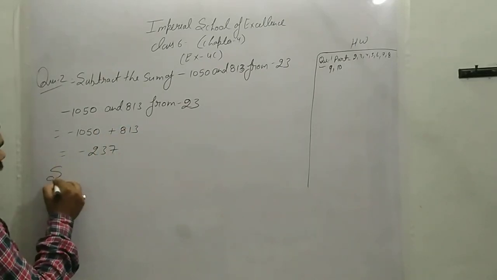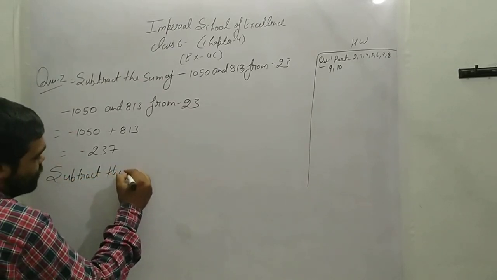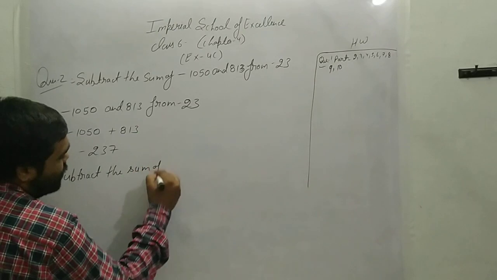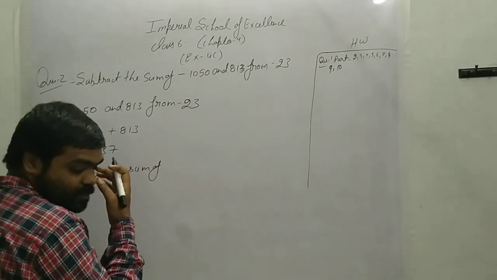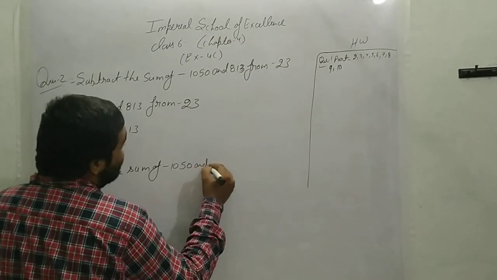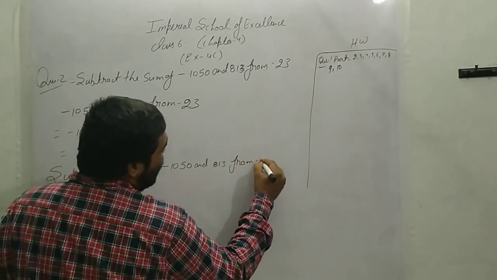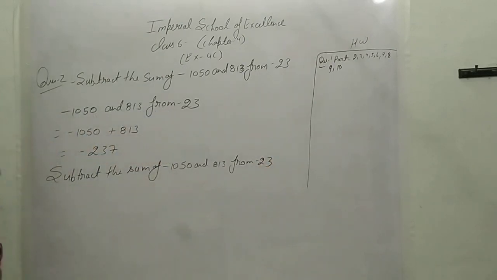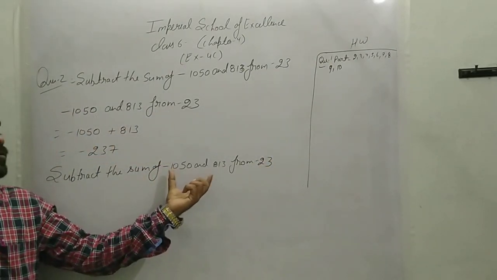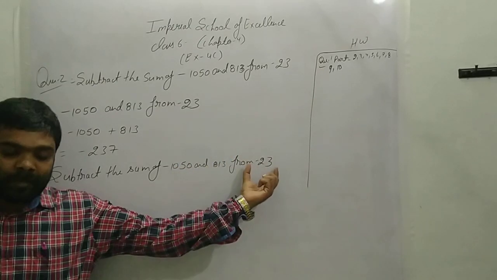Now subtract the sum of minus 1050 and 813 from minus 23. What we have to do? We have to subtract the sum of this from this.